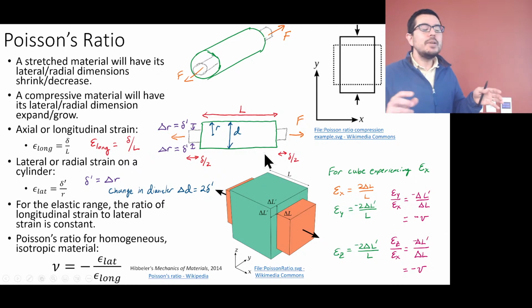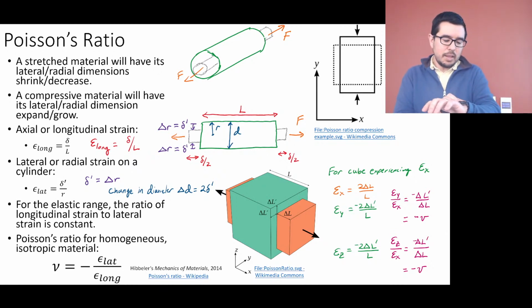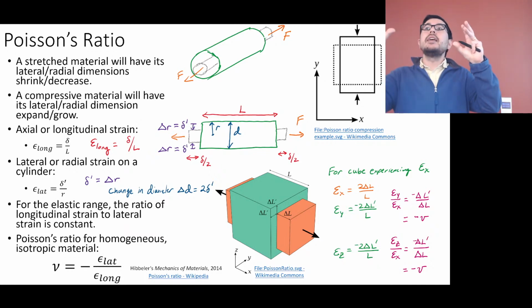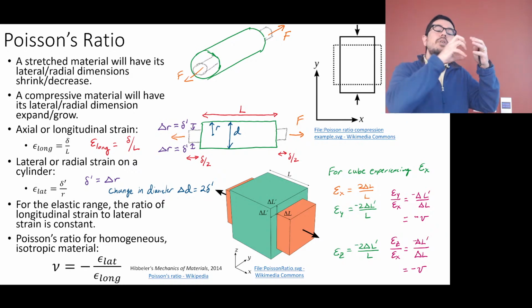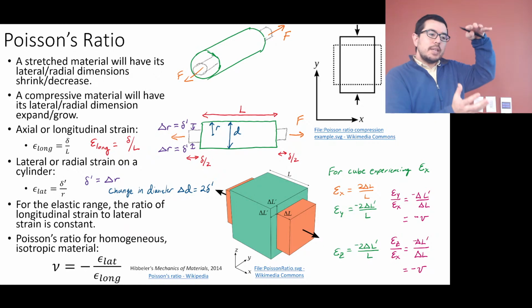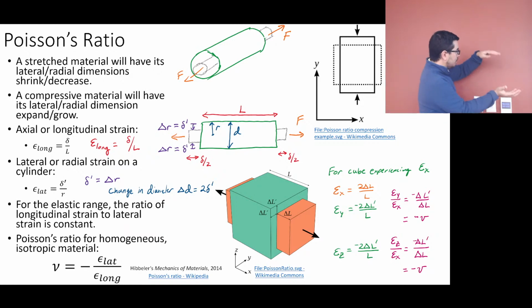Why don't we just attach this to a wall? Well, because we're trying to do this in a nice idealized method where everything can just move. If you pull on a bar that's attached to a wall, the wall is actually keeping the material near the wall from contracting.